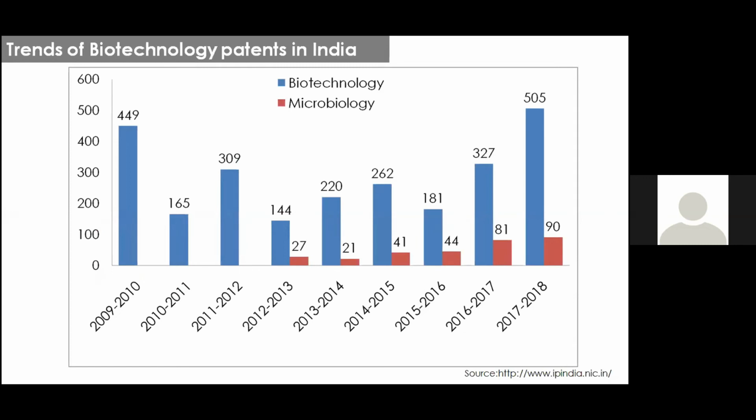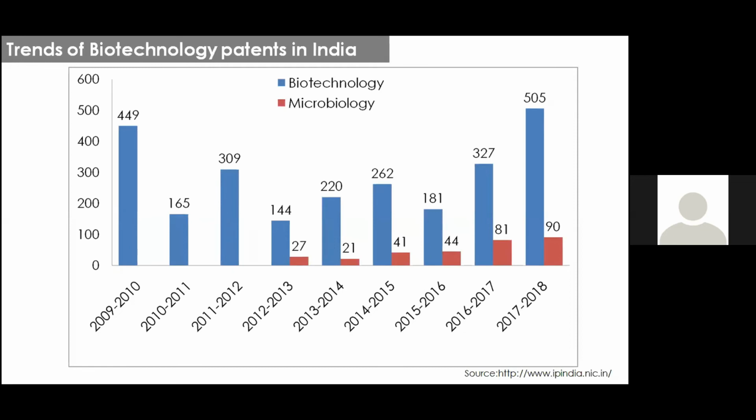Because many of the patents which involve microbiology do have biotechnological aspects, and that's why I have plotted the recent data taken from the annual reports of the Indian Patent Office. It says that there is an increasing trend from 2012-13 to 2017-18 of granting patents in biotechnology and microbiology.